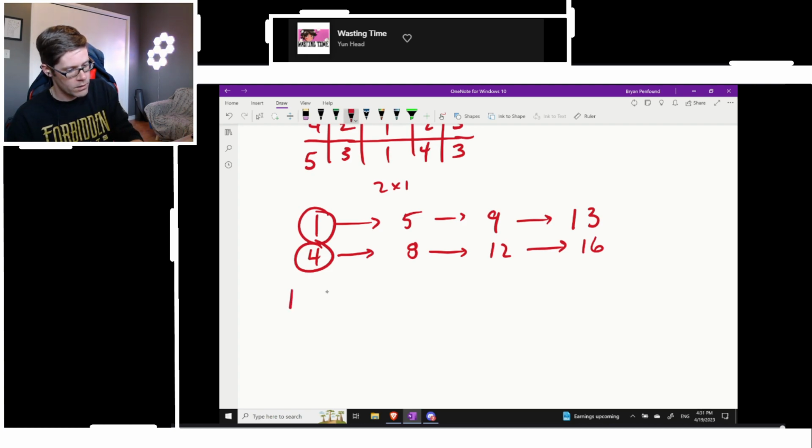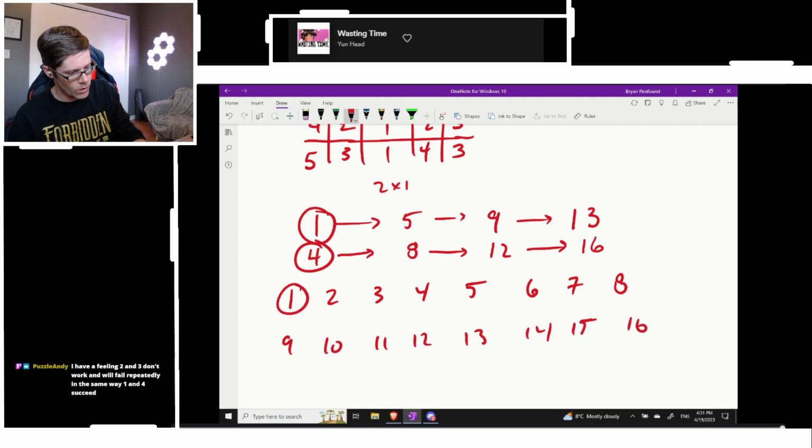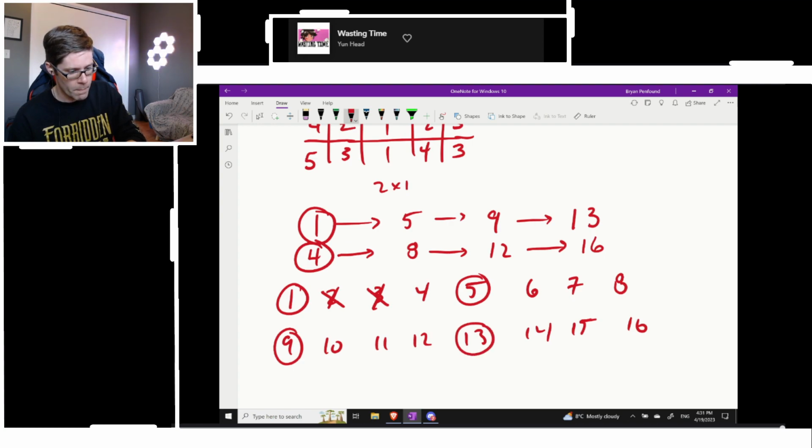We know 1, 2, 3, 4, 5, 6, 7, 8, 9, 10, 11, 12, 13, 14, 15, 16. 1 works, 2 does not, 3 does not, 4 does, but I'm going to circle it in a different color. 5 works, 9 works. These are the same starting points.